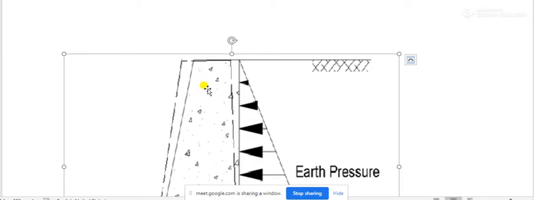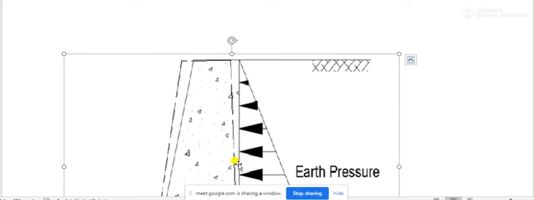If the static condition does not come, then the wall will collapse, and that is not the practical scenario. After a moment, this wall will come to a static condition, and that's why this movement will come to zero. That means this lateral pressure will come to zero, decreasing from this position to this position.